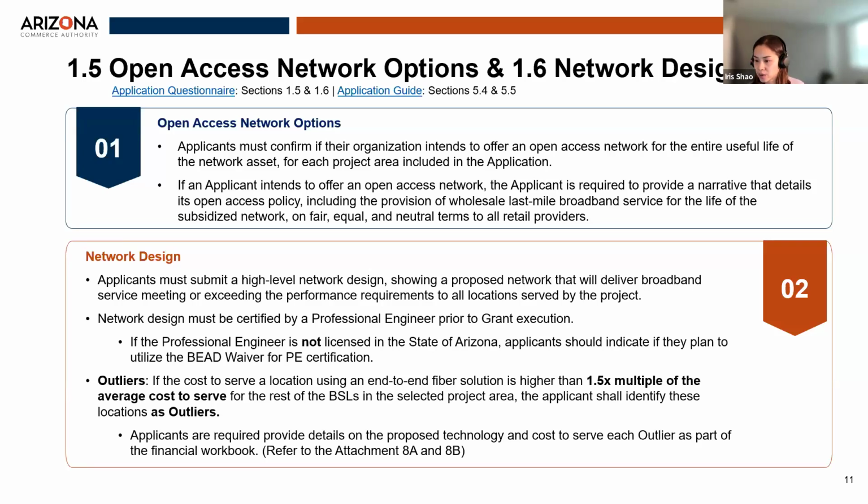And when there are outliers identified by you, you are required to provide details on the proposed technology and cost to serve those outliers. This should be included in the financial workbook, which you can find on the portal. Those will be attachment 8A and 8B. I'll pause for any questions.